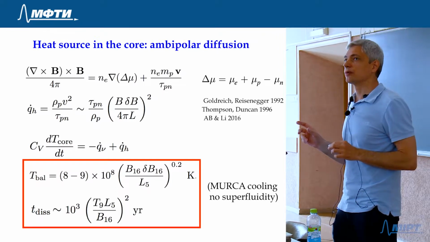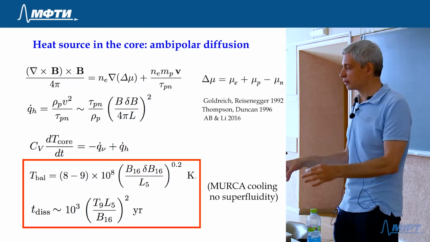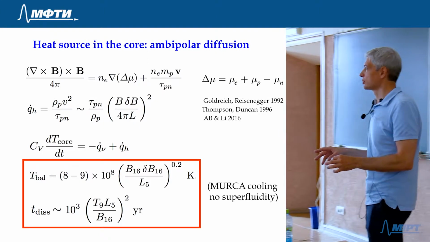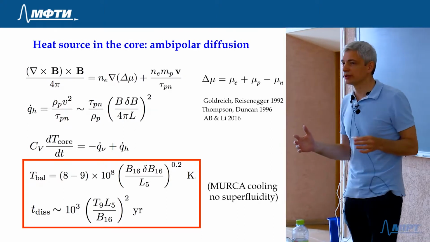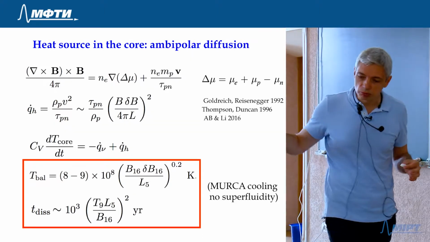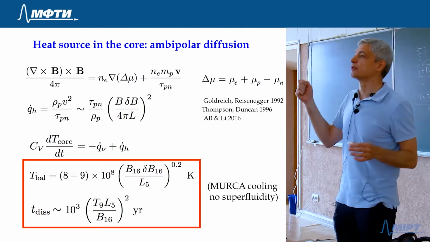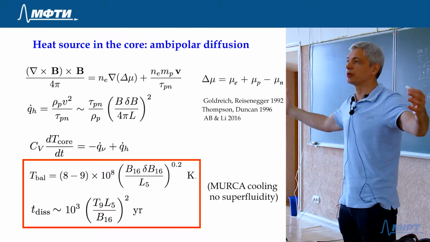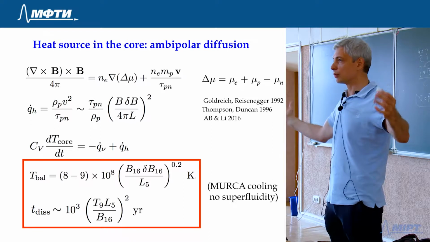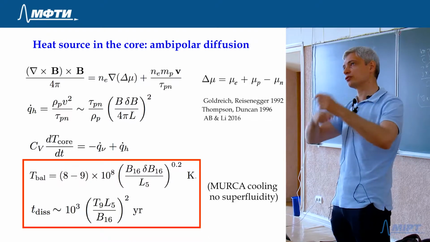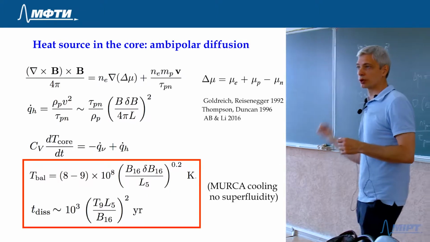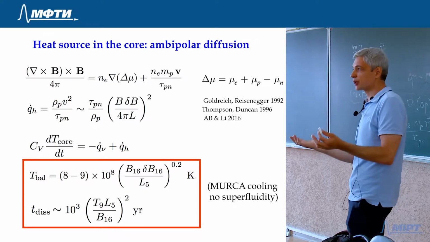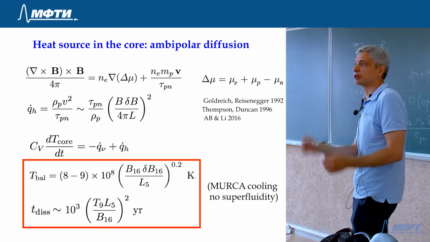What we find by doing this calculation is that it's a bit difficult to make this time longer because, naively, you would think, let me just assume an even stronger magnetic field. I have more energy to dissipate. Maybe I can keep the star hot longer. But in fact, when you have stronger fields, then the ambipolar diffusion becomes faster. Yes, you produce more heat, but you do this faster, and in the end, still the time scale is short.